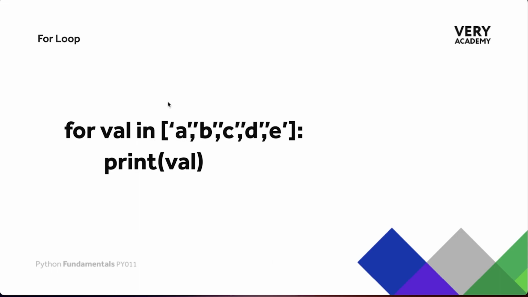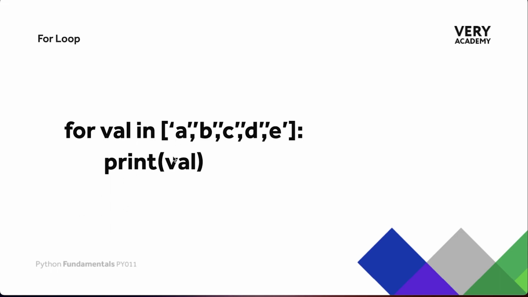This is passed over to the variable val, which can then be utilized within the body of this for loop, and notice we then print val. Once we're finished with that, we check to see if we've come to the end of the list. If we have, we stop executing this loop and move on to the next line in our code.